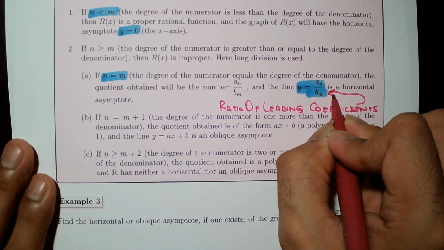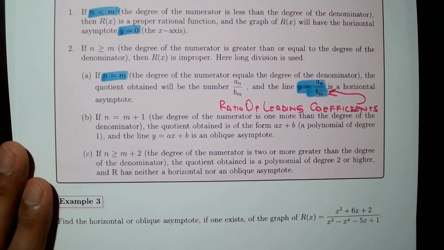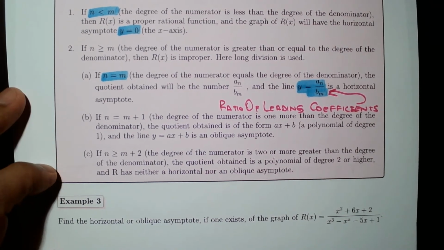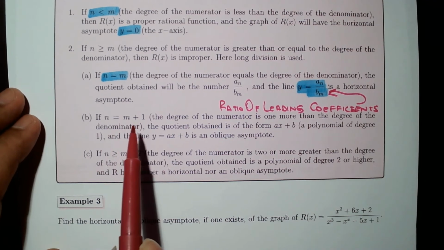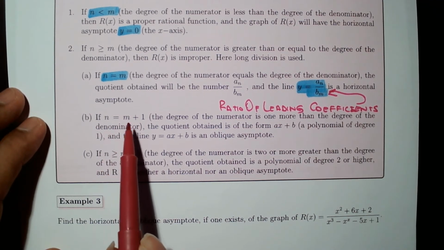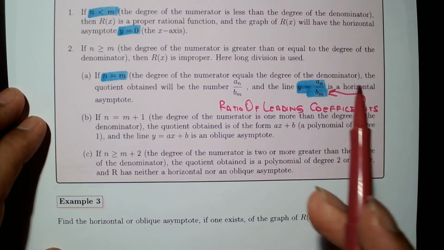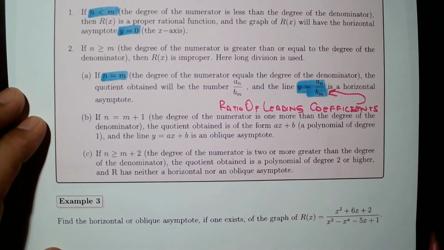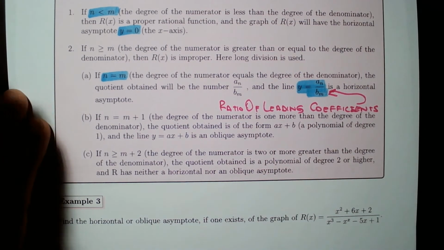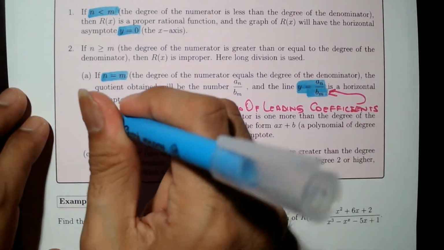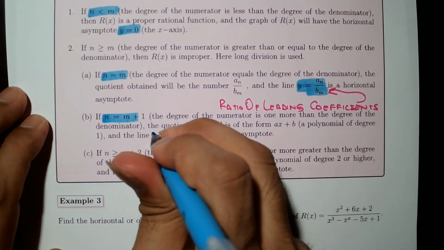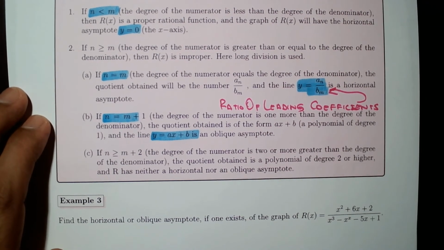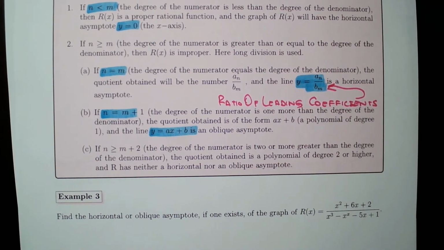That's all we do. Find the ratio of the leading coefficients, and that's going to be the horizontal asymptote. And the next case, when the degree of the numerator is one more than the degree of the denominator, then we need to do polynomial long division. In this case, our asymptote will be oblique. It will be a diagonal line of the form y equals ax plus b, or mx plus b if you will.